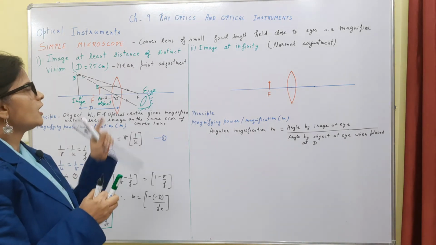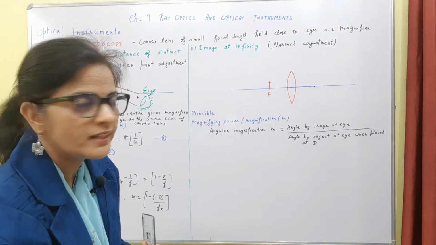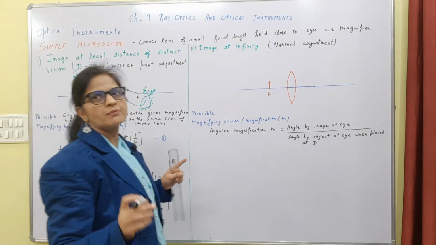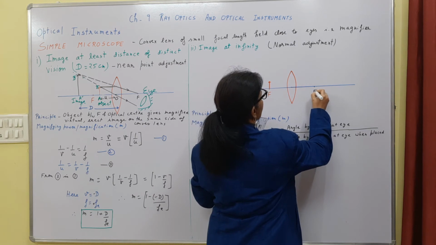Right? So now we are considering the case for image at infinity. We know that for the final image at infinity, the object must be kept at the focus. So again, in the same way, we draw the diagram.